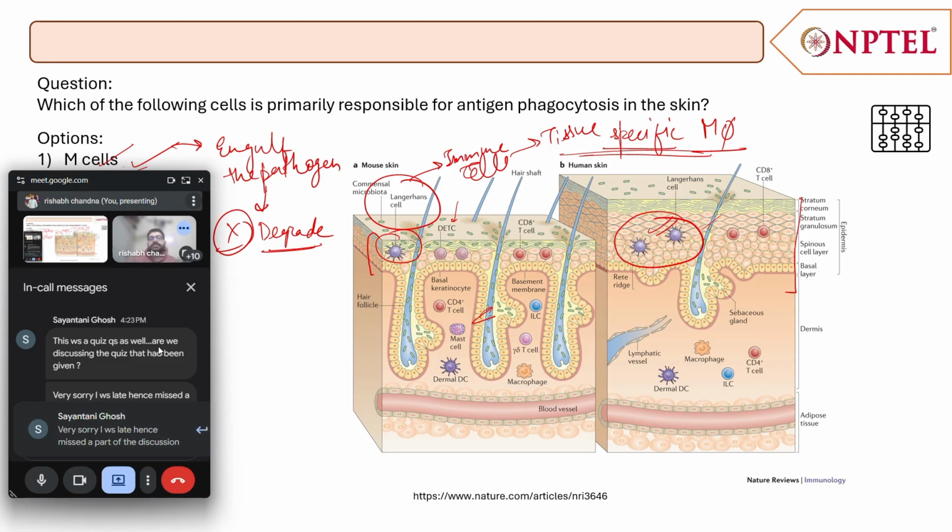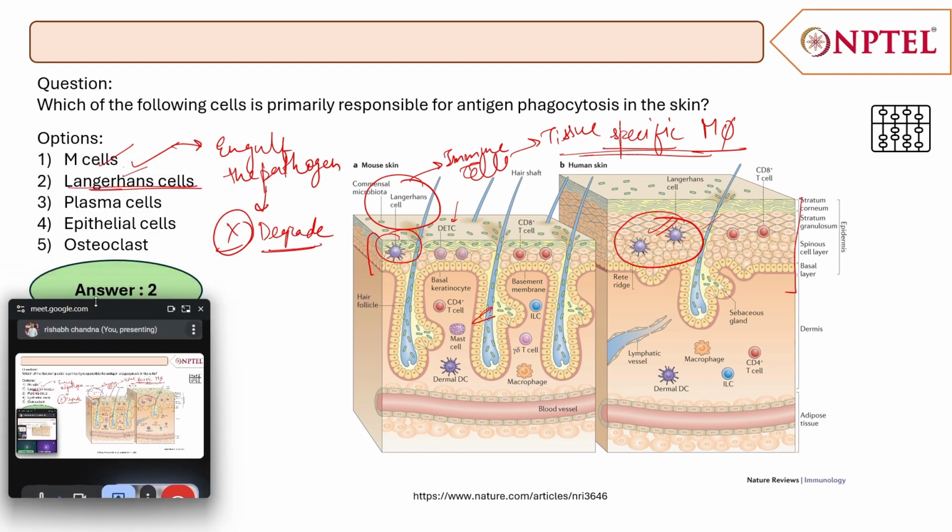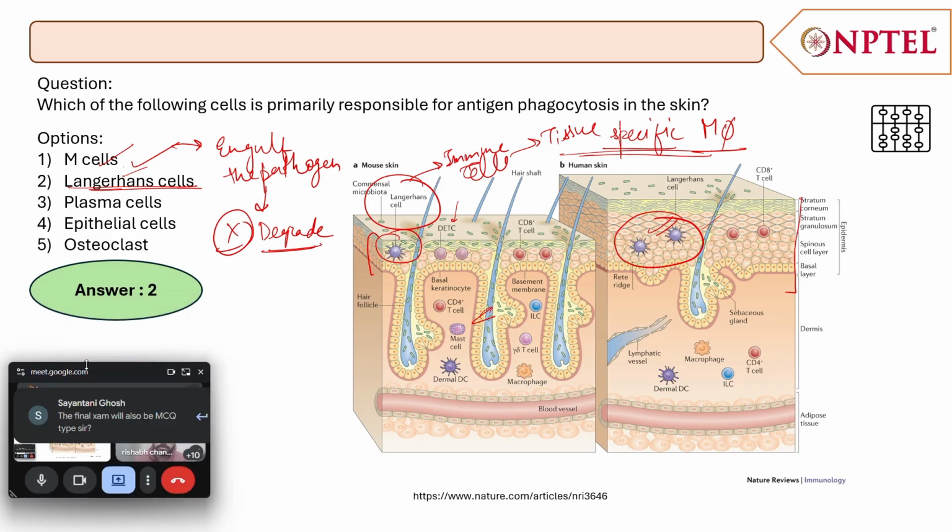No, these are actually the questions that have been asked in last year's exam. Okay, so we are discussing them based on the concepts that have been taught in this particular week. And if you have missed any part of the discussion, these videos will be uploaded on YouTube as well, so you can see those videos there also.